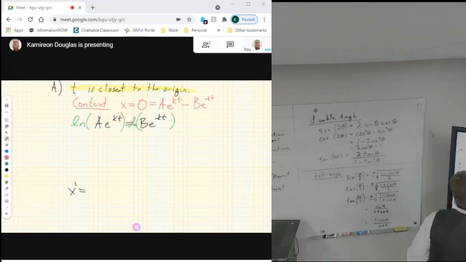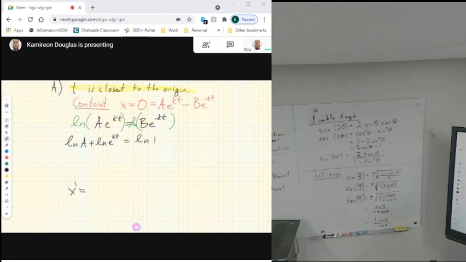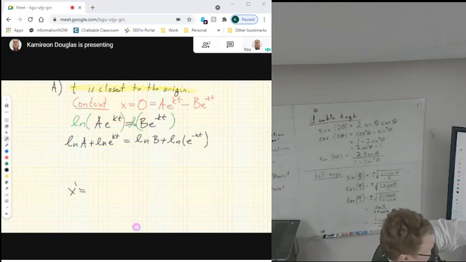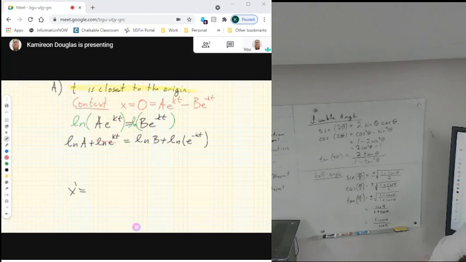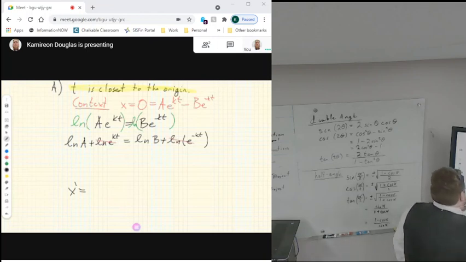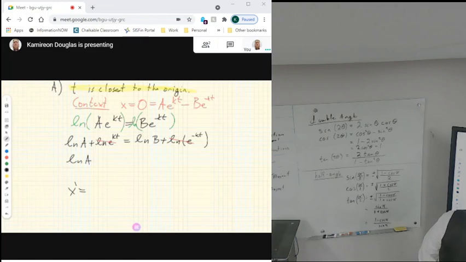Good. This becomes natural log of A plus natural log of e to the kt equals natural log of B plus natural log of e to the negative kt. The e's should cancel out. Yes. So that goes away. That goes away. And what's left behind? We have ln of A plus kt equals ln of B. The negative would multiply to that positive and become negative kt.